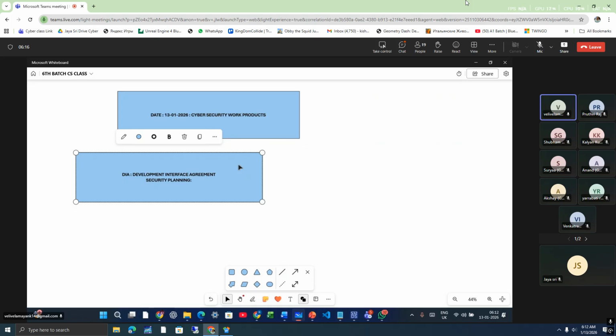Completely, clause 5 to clause 15 details. Here all your assessment related details are also present: security planning, internal audit and external audit, pen test planning, how many assessments, and the point of contact details. Everything will be present inside the security planning.